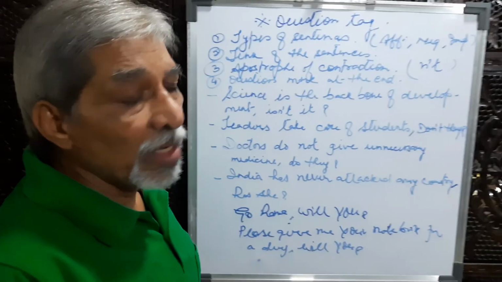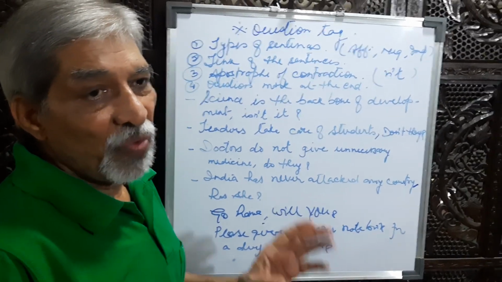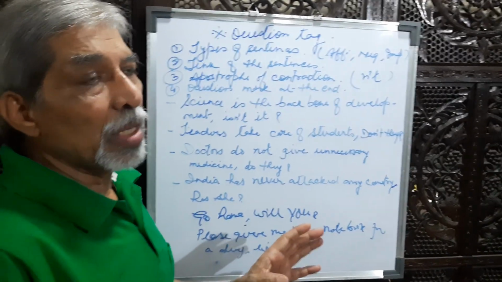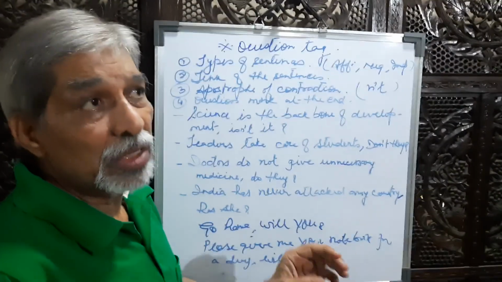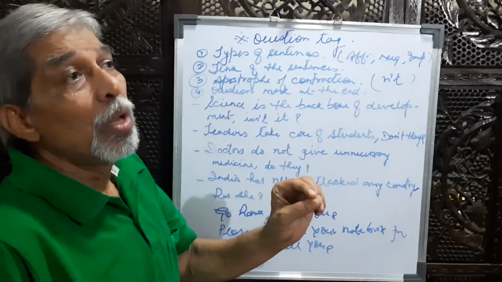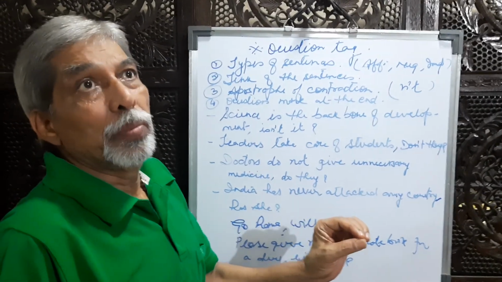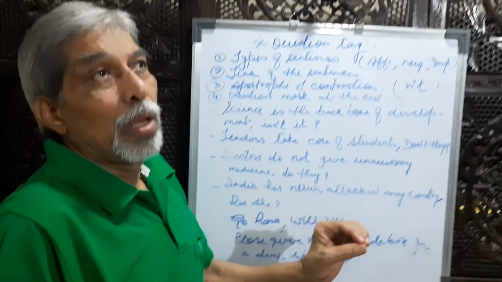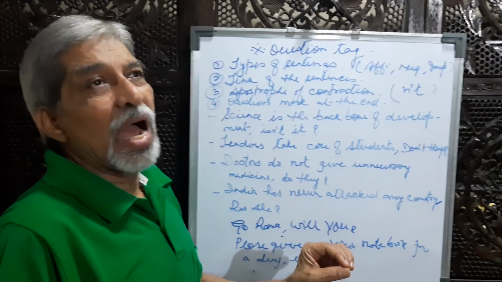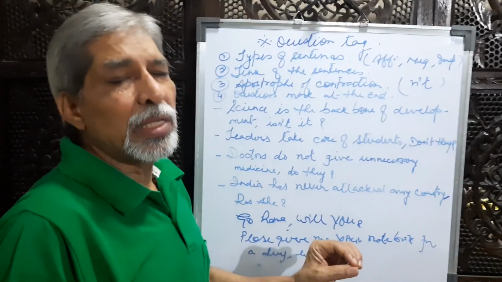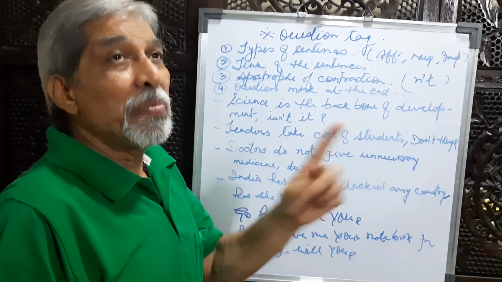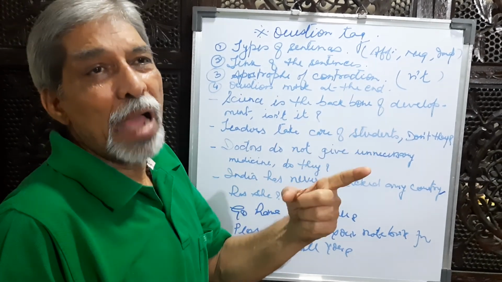Tense of the sentence: we must determine the tense of the sentence, because we have to get the correct auxiliary verb. If it is, my friends have helped me in my time, so with have helped, the auxiliary verb is have.